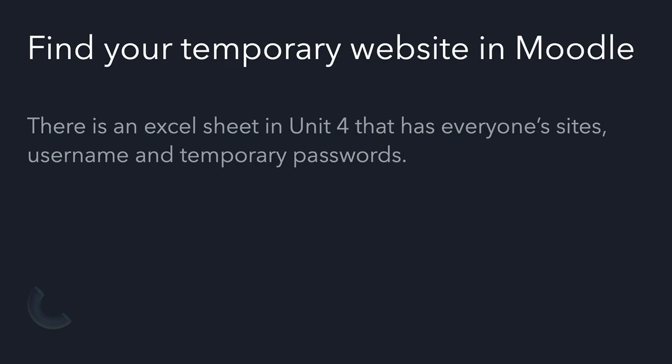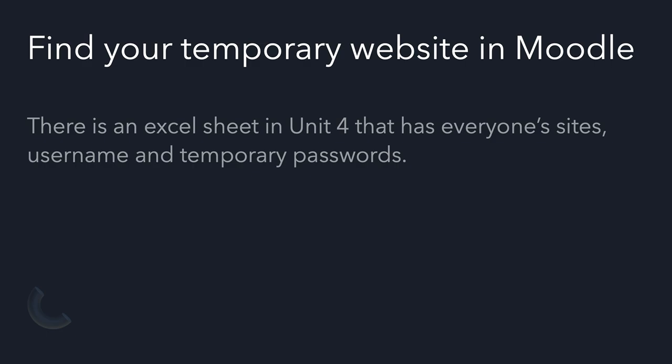You can find your temporary website in Moodle. Well, you don't find the website, you'll find the URL in Moodle. So there is an Excel sheet in Unit 4 that has everyone's site's username and temporary password. It's an assignment box, and it has a name, something like website assignments, username, passwords.